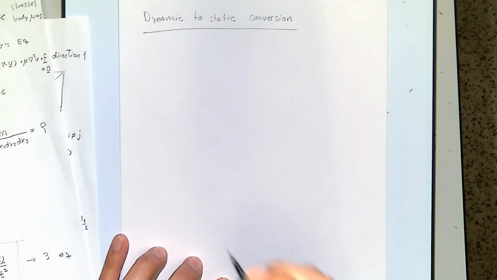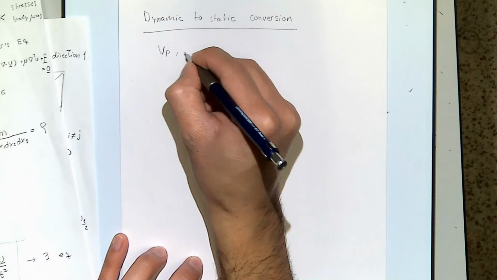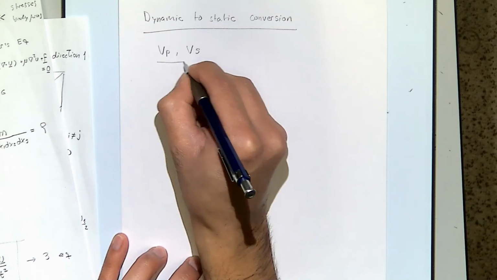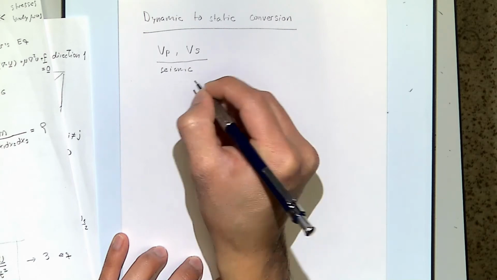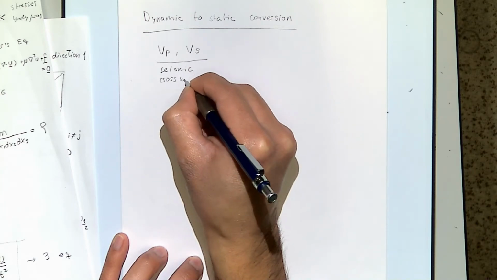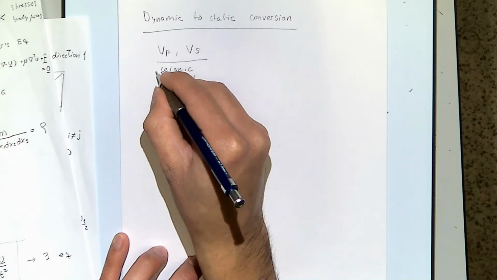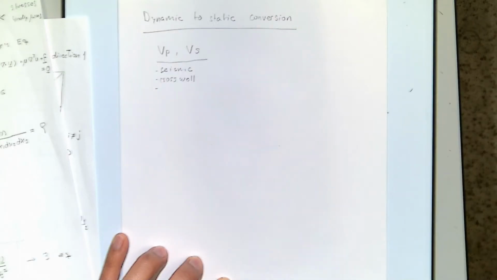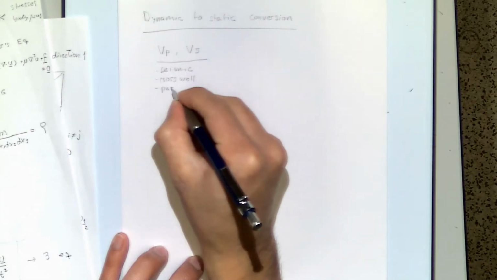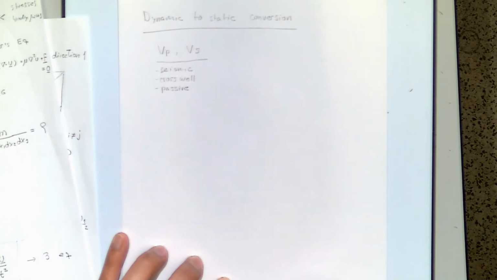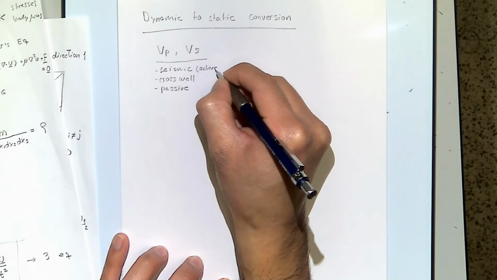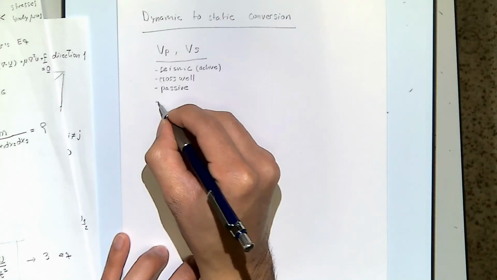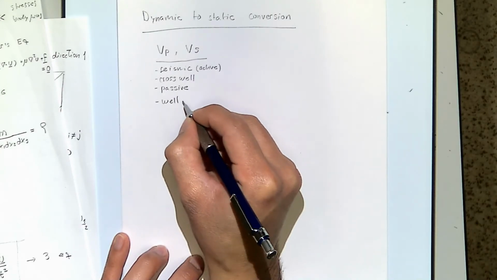Basically what we want to do is we want to use Vp and Vs from seismic, from cross-well measurements. You can do this one also from passive measurements. So when I mean seismic, I mean active. Or from well logging.